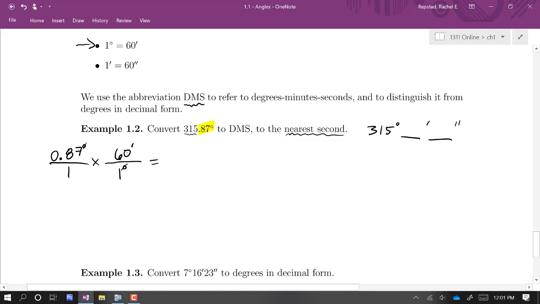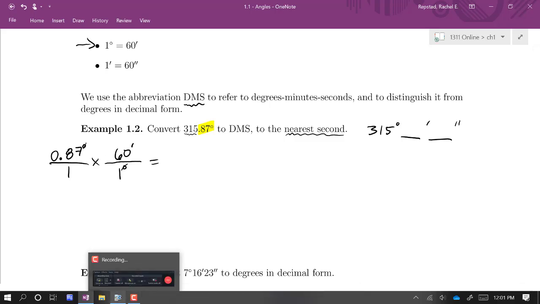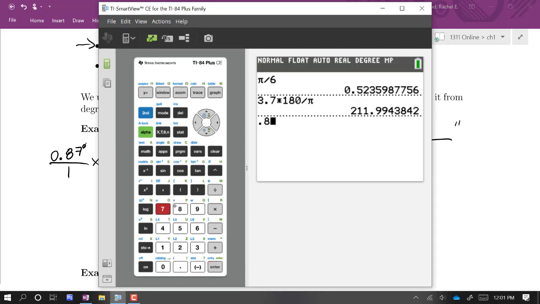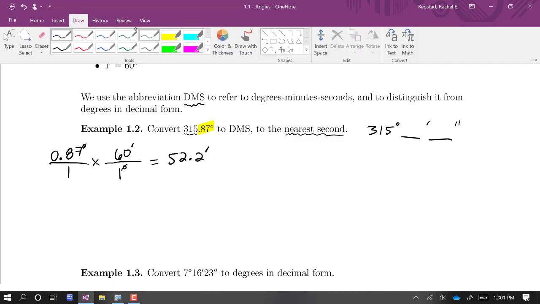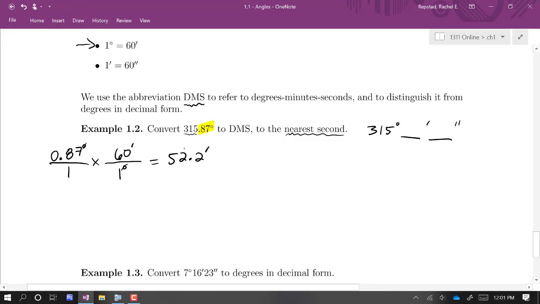I'm left with minutes. 0.87 times 60 is 52.2 minutes. Now, what I'm going to do is take the whole number of minutes. Even if that were 52.9, I'm still going to take the 52. So ignore the decimal part here. Take just this whole number. That's what goes here.